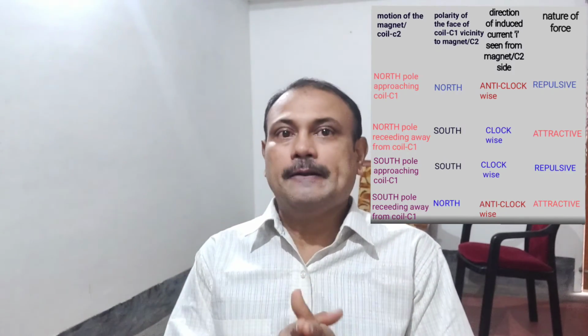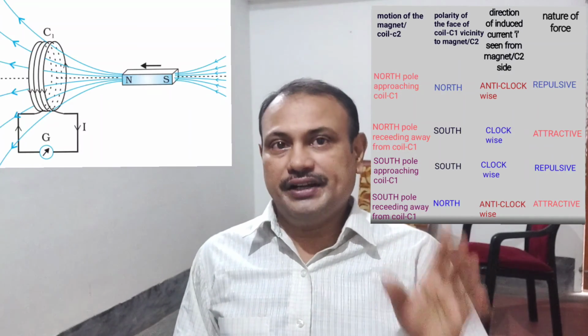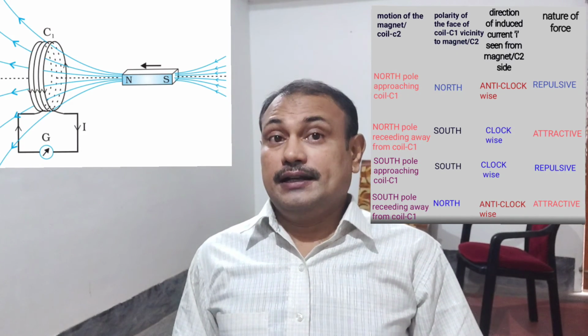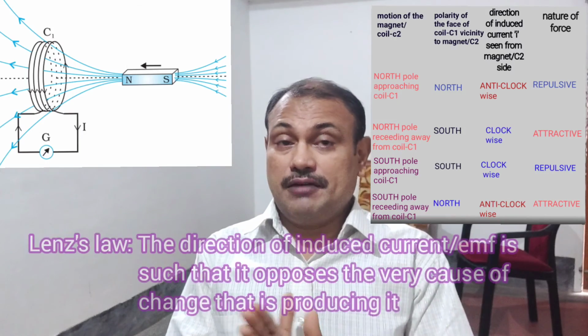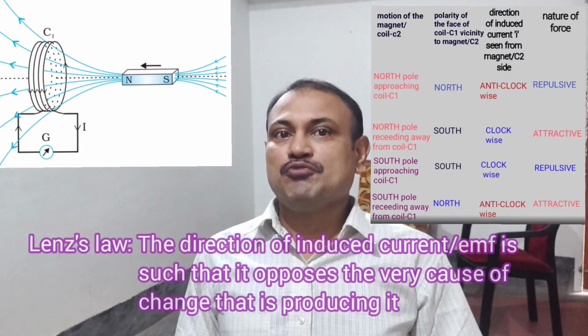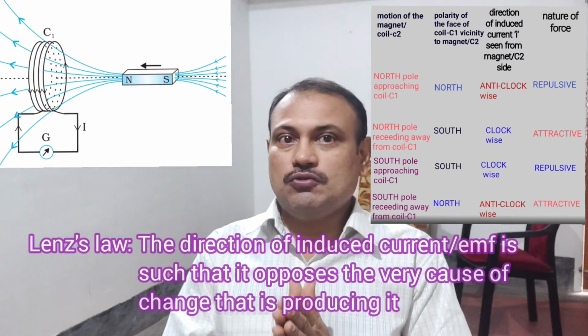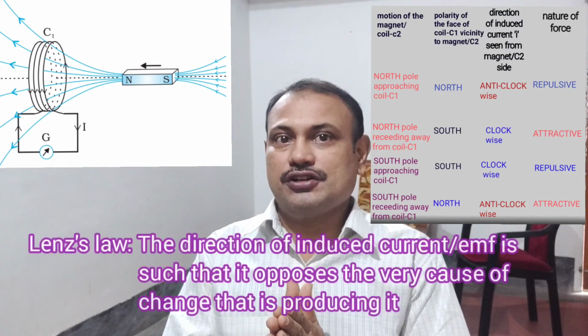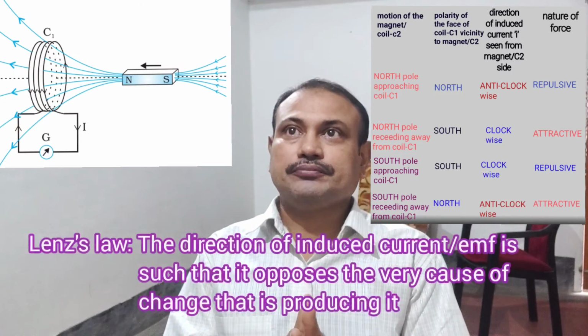This is what electromagnetic induction is to begin with, in a qualitative manner, and the direction of the induced current is taken care of by Lenz's law, which gave a suggestive approach for why the current flows in a particular direction, over and above Faraday's law.